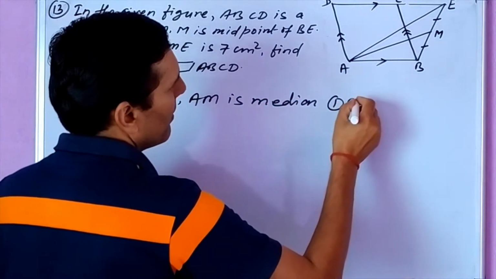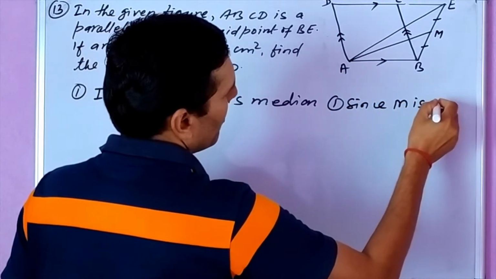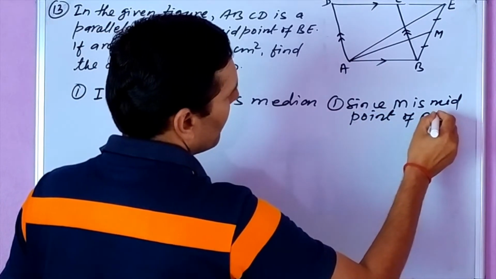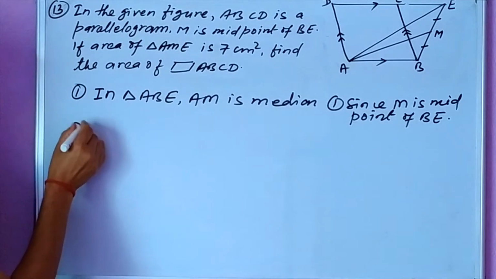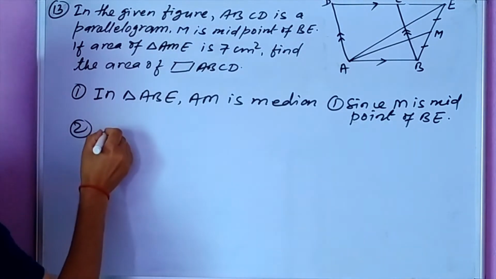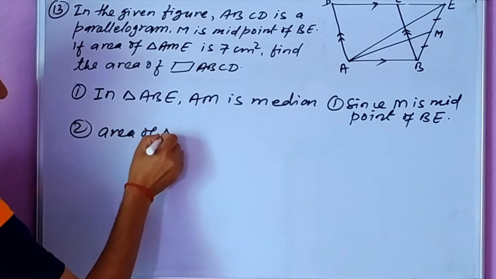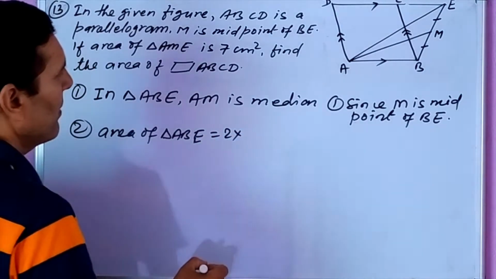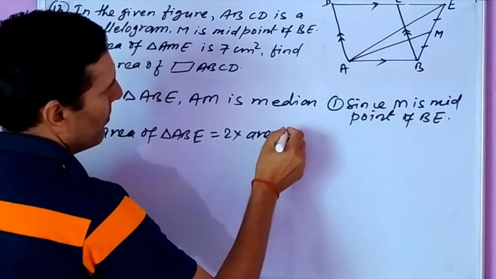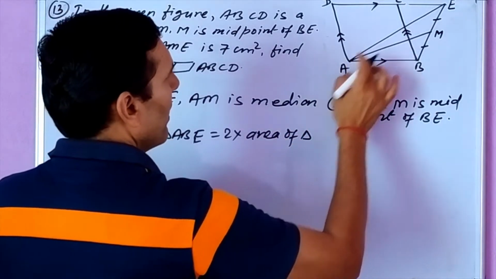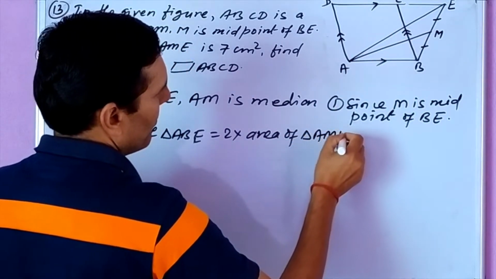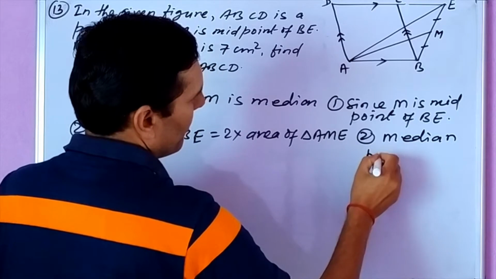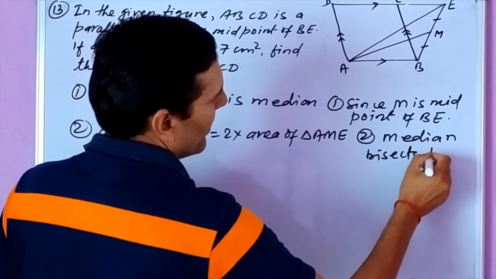The reason is since M is midpoint of BE, therefore area of triangle ABE is equal to 2 times area of triangle AME. Reason: median bisects the triangle.